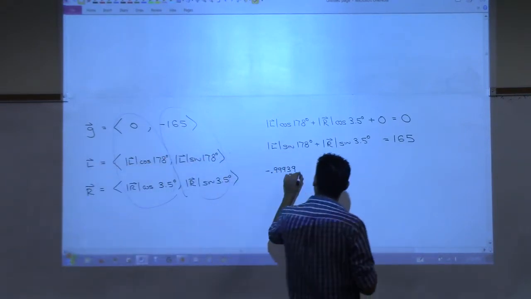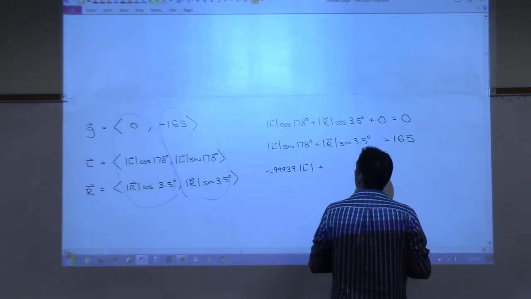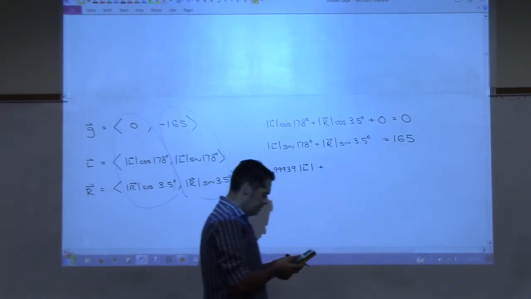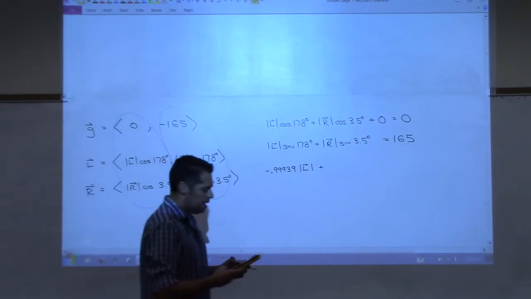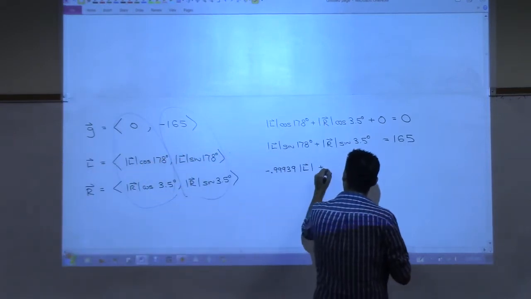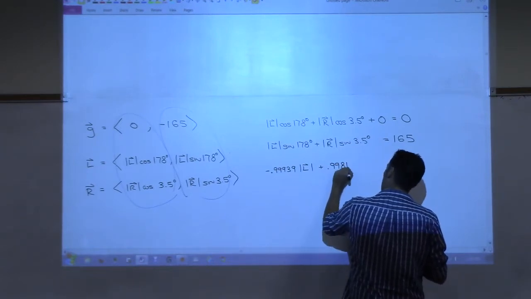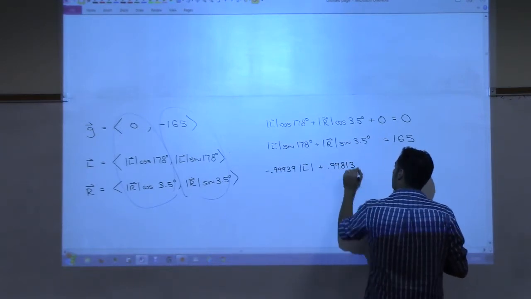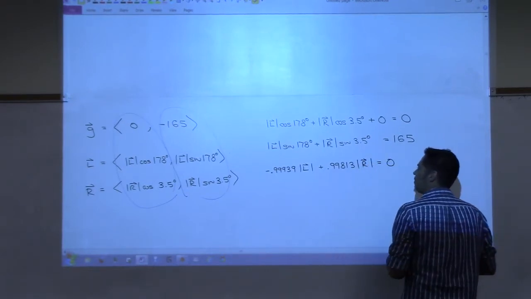So that times magnitude of L plus, let's see, cosine of 3.5, 0.99813, magnitude of R must equal 0.